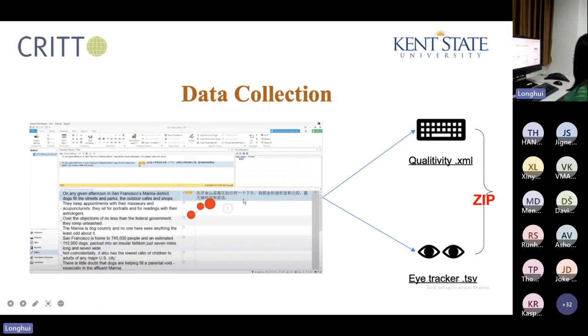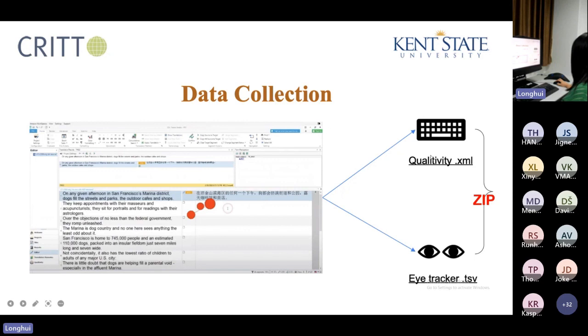And then for data collection, we need two streams of data. The first stream is what we call the Qualitivity file that we showed on the slide before. That is for keylogging data, and it is in XML format.